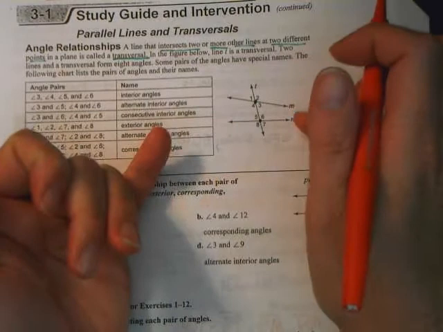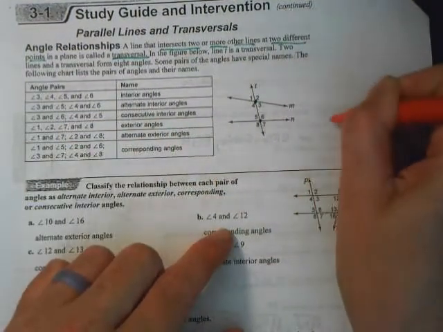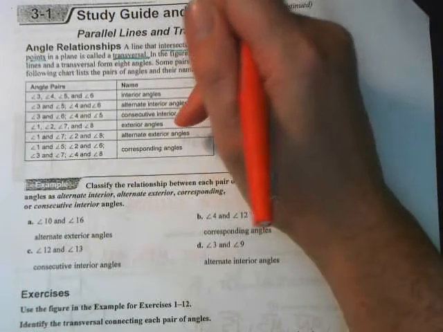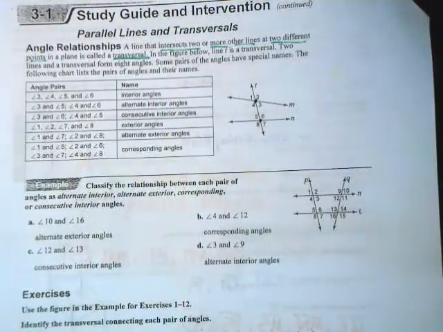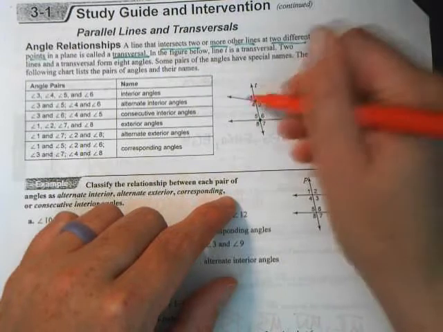Obviously right now M and N don't look parallel. Hopefully you're seeing that if I extended them out they would intersect somewhere over here. So all of these pairs, interior angles, alternate interior, consecutive interior, exterior, alternate exterior, and corresponding can all happen whether you have parallel lines or not. So it's pretty much all about the position of the intersection, transversal and the given line.